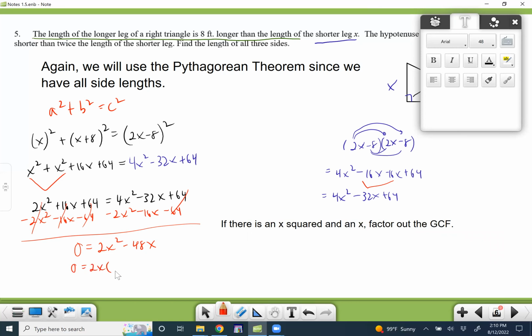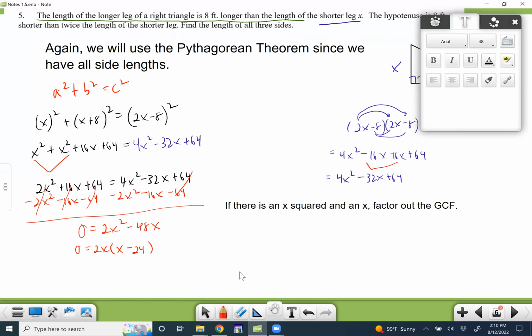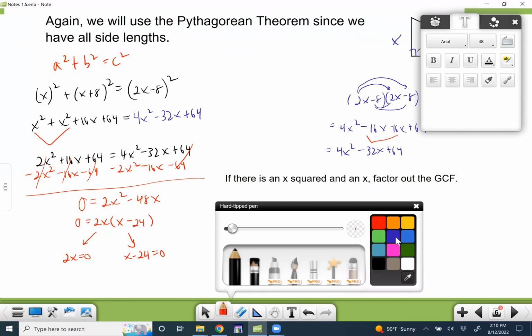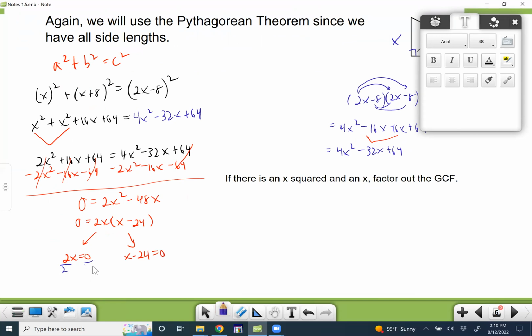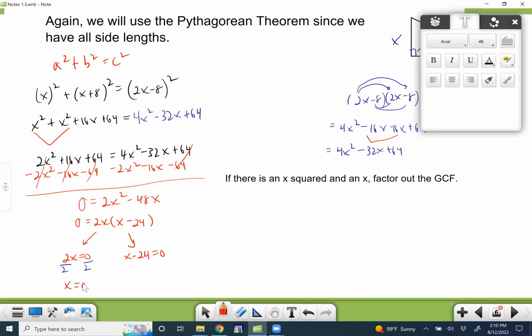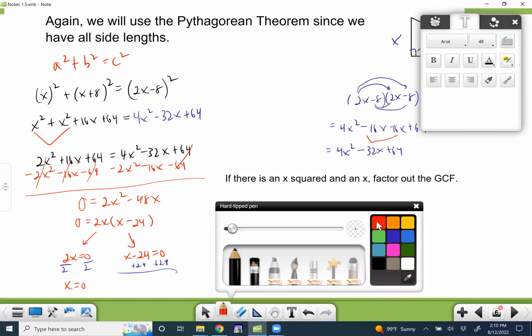If we divide by 2x, we got x. We divide by 2, it'd be 24. And we took out the x. So now we're just going to set each piece equal to 0. We're going to set this piece equal to 0, and this piece equal to 0. So if we divide by 2 here, we're going to get that x equals 0. And if you move the 24 over, add the 24, and you're going to get x equals 24.